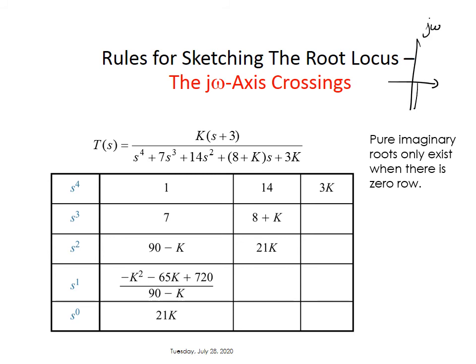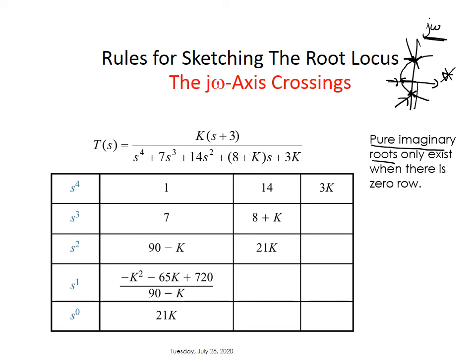Imagine your poles go like this, and then break away and go like this. If you are located on this point, your poles are over here. Having poles here means you will not have a sigma component, you will only have a j omega component. That means you have purely imaginary roots.